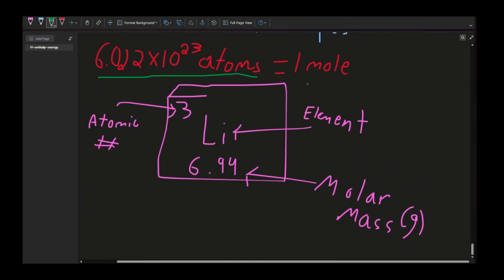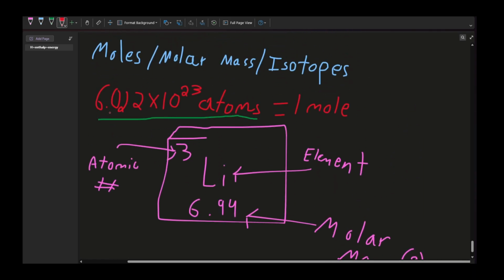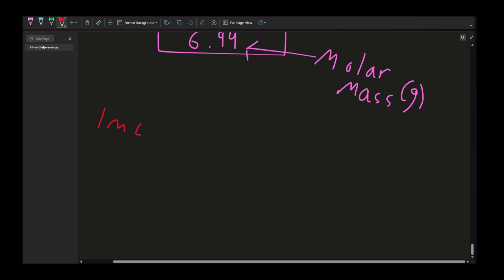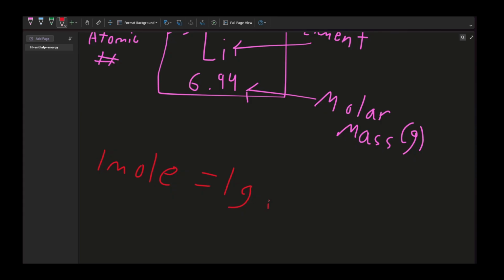So how moles were derived is 1 mole is the number of atoms that have to be added up, the number of protons that have to be added up to equal 1 gram. So 1 gram per proton.